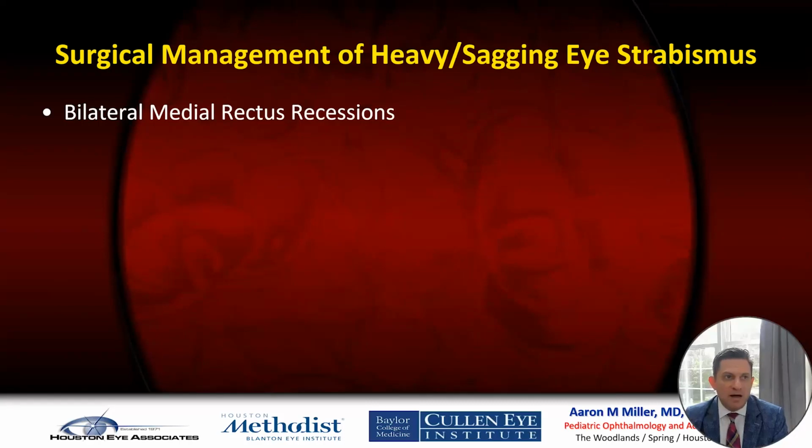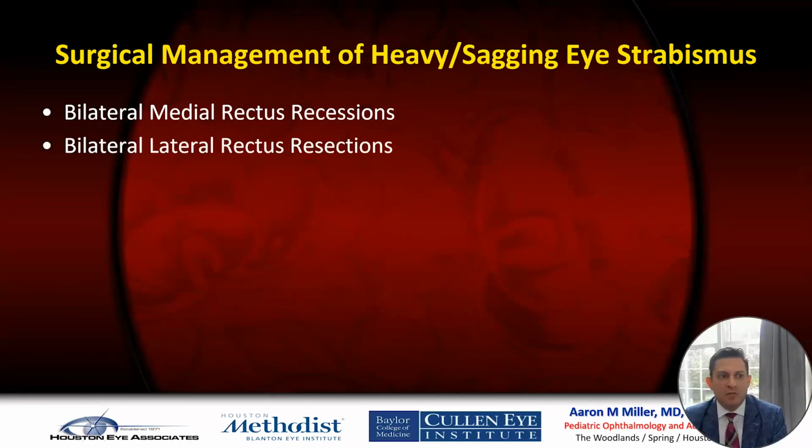But if you think about what is going on, why is this an issue? There's a good argument for possible lateral rectus resections being something to be considered. And the reason is because when you tighten up the lateral rectus, the anatomy suggests that tension, that increased pull that you're inducing on that lateral rectus, may help elevate it and address some aspects of sagging of the lateral rectus.